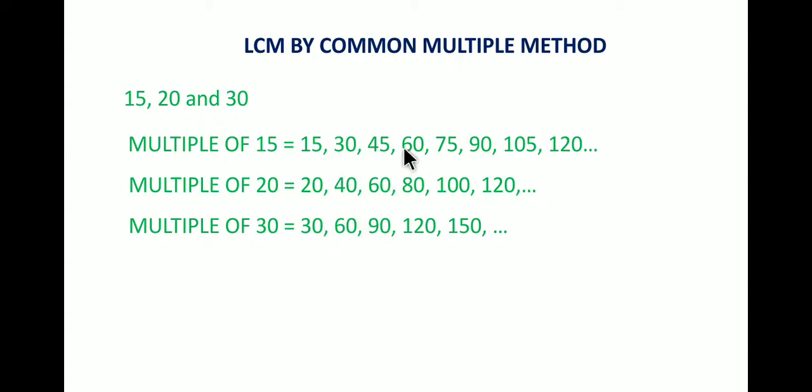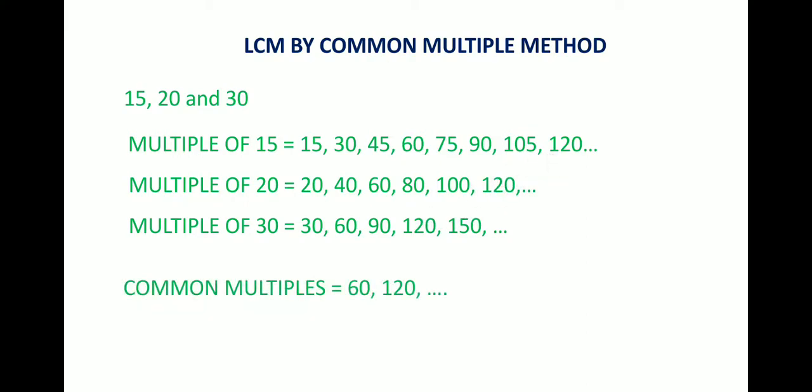But here you can see that 60 is present in all the three cases. So 60 is the multiple of 15 as well as 20 as well as 30. And similarly you can see 90 is present out here and here, but not in case of multiples of 20. But again 120 is present in all the three numbers.